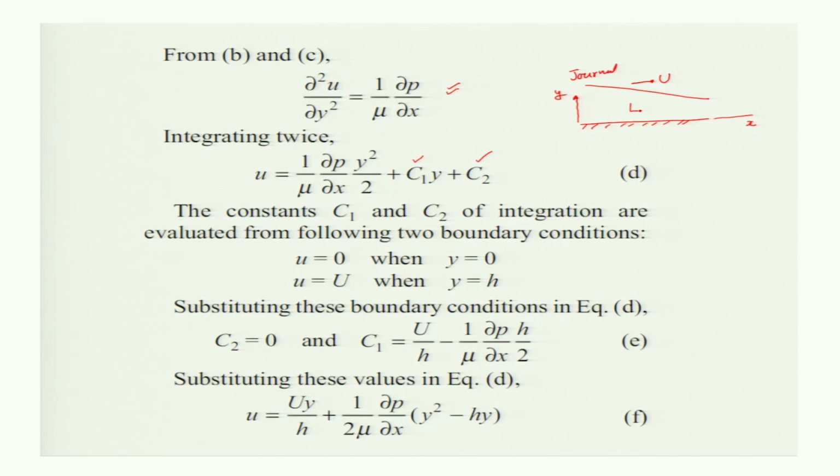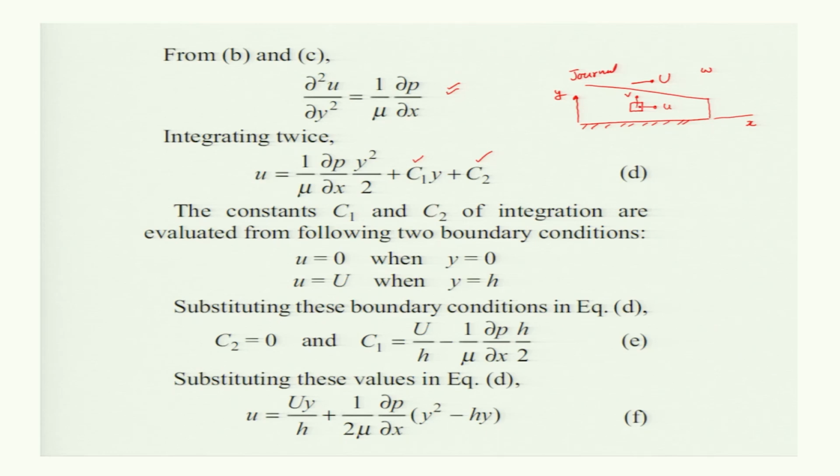Your fluid element is somewhere here, and the velocity profile is this one. We are considering the velocity of the fluid in the x direction as small u, in the y direction as small v, and in the z direction as small w.